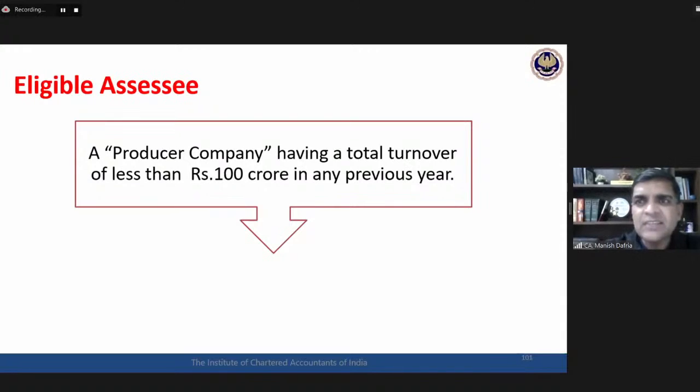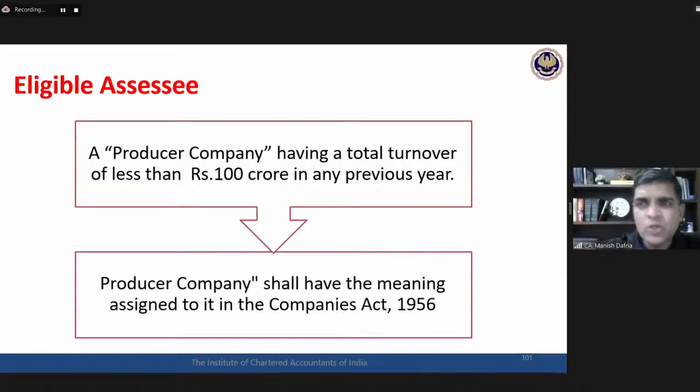The deduction is available to a producer company, a very specific entity, again a company, but a producer company. And this producer company should have a turnover of less than rupees 100 crore in any previous year. You should be a producer company. Now, what do I mean by producer company? There is no definition in the Income Tax Act.